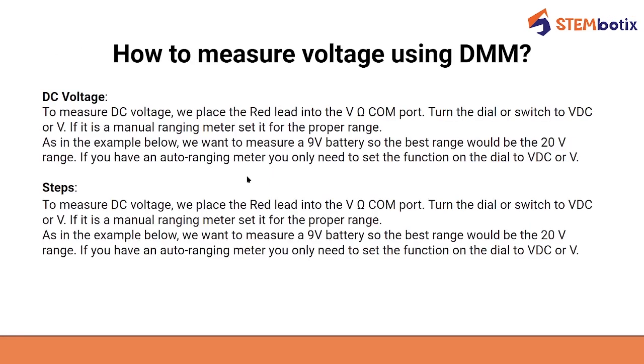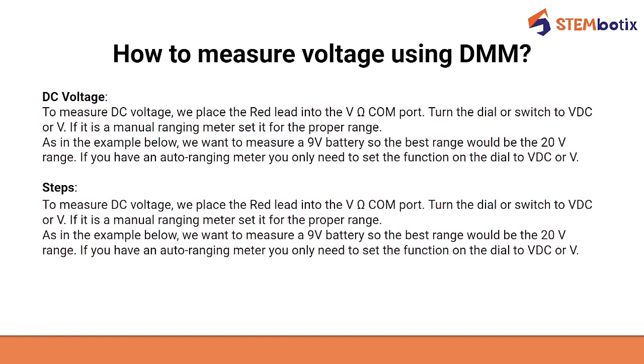To measure DC voltage, we place the red lead into the voltage ohm port and turn the dial or switch to VDC, meaning the DC voltage section. If it is a manual ranging meter, then you can set the proper range. Now we know that we have a 9-volt cell, so the best range would be 20 volts.